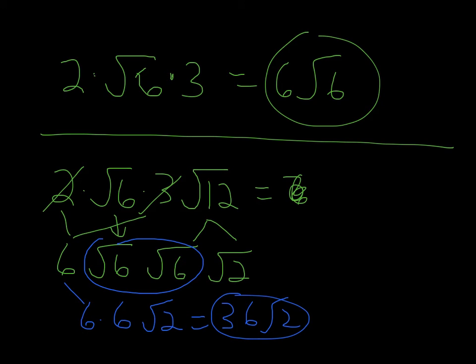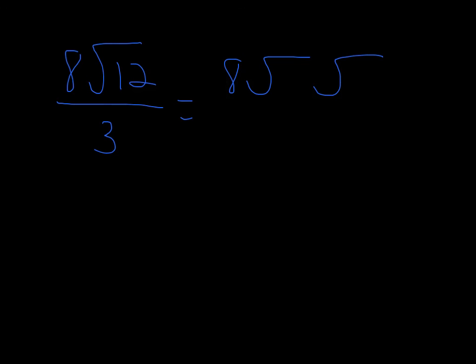Other ways to do these, just what's more comfortable with. And one more. Suppose I have 8 square root of 12 over 3. Well, 8 over 3 can't be simplified, so I'm going to take my numerator, square root of 12. 4 times 3 is 12, so square root of 4 times square root of 3 is square root of 12. 3 in the bottom.